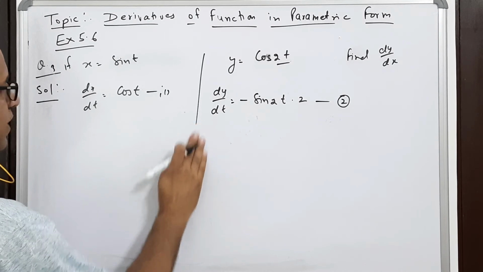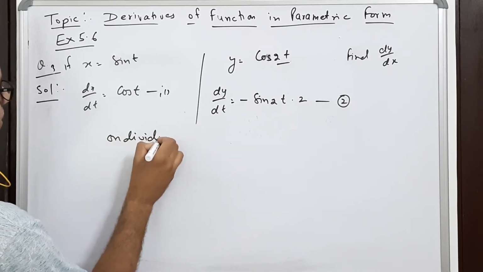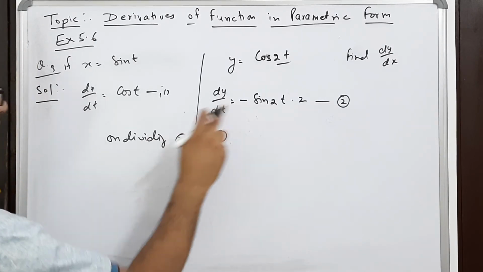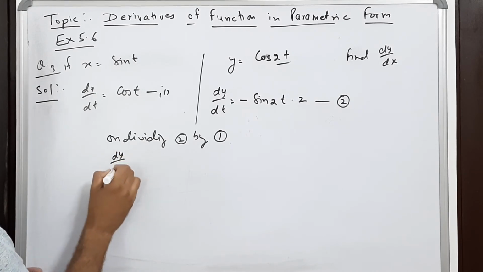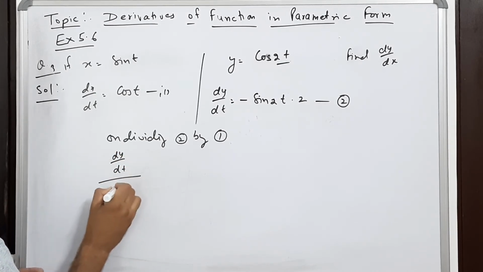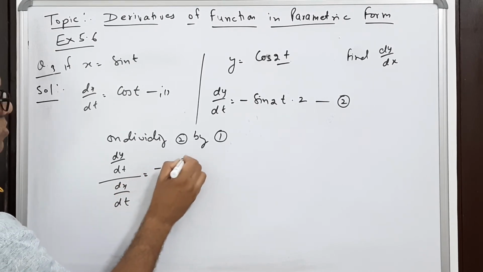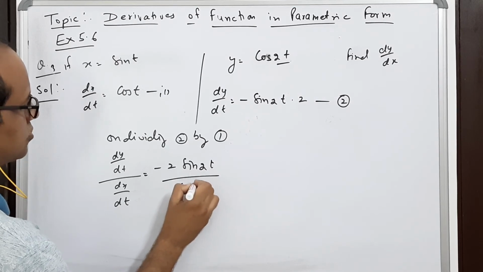Now as we have done earlier, on dividing second part by the first part, that is second equation by the first equation, dy by dt upon dx by dt equals minus 2 sine 2t upon cos t.